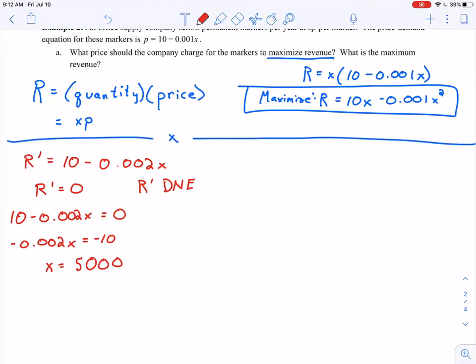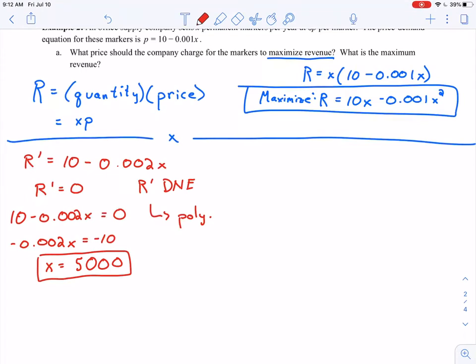Yes, 5,000. So x equals 5,000. That's a critical point. In this case over here, R prime does not exist. In this case, if you look at R prime, it's a polynomial. We don't have any additional critical points. So we've found our critical point of x equals 5,000.